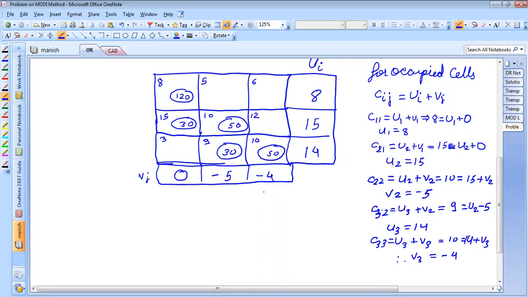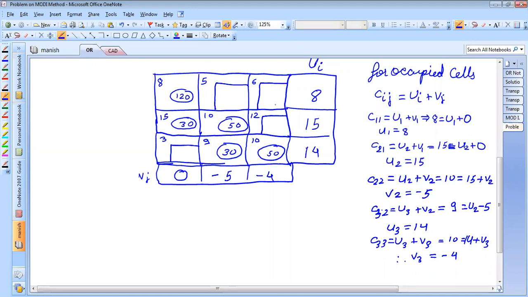So this will be minus 4. Any doubts? I hope I am not fast. If I am going fast, let me know, okay? Because all this we have already studied, isn't it? Any doubts up to this point, students? No, sir. Okay, great.